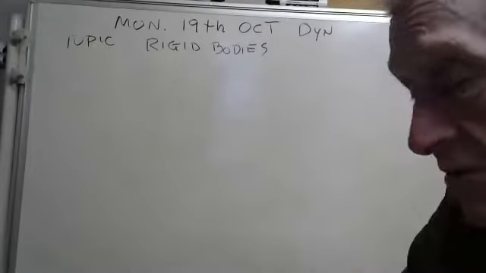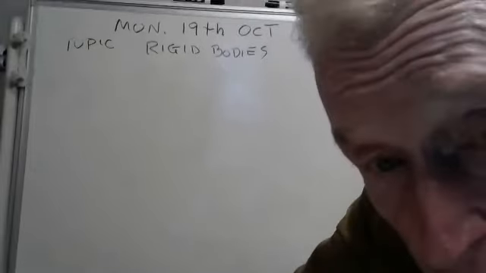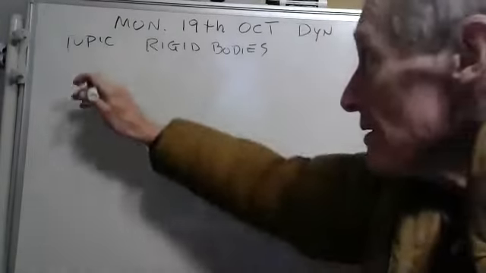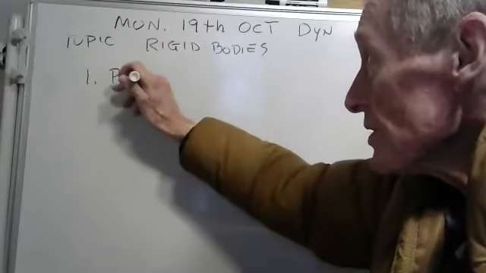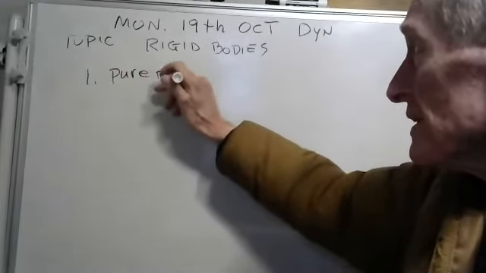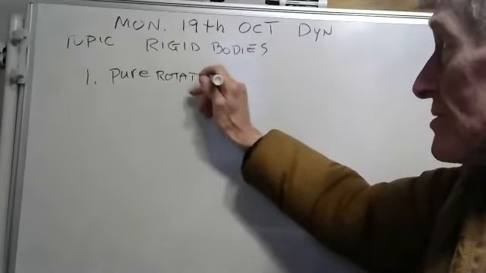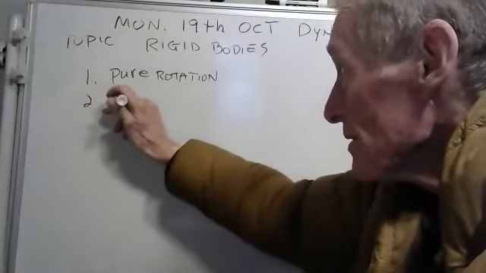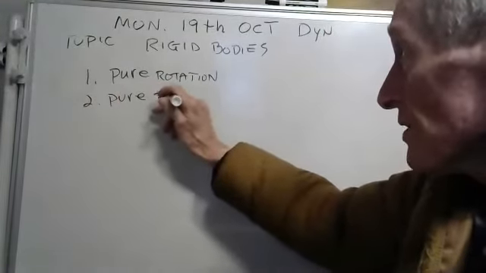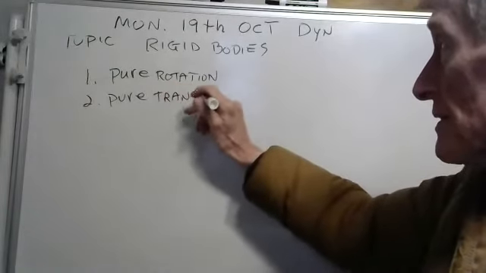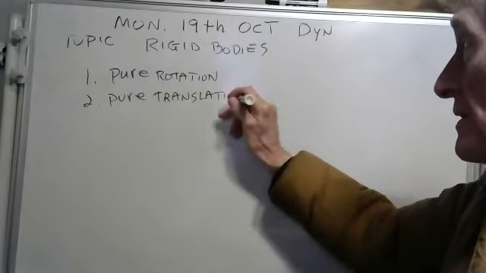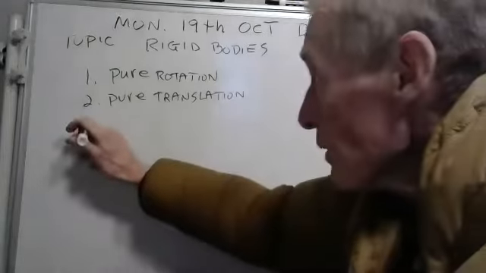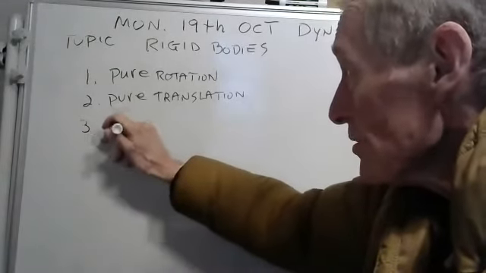It turns out there are three kinds of motion of rigid bodies. There's pure rotation, which we're going to study today. And then there's pure translation, which we've already studied. And then what you haven't studied is the combined motion.